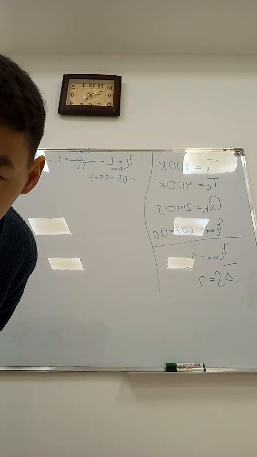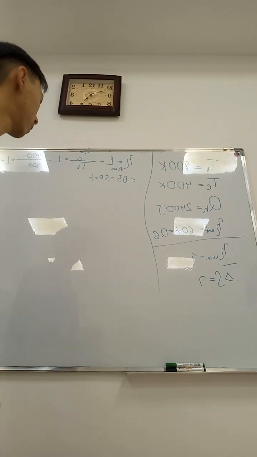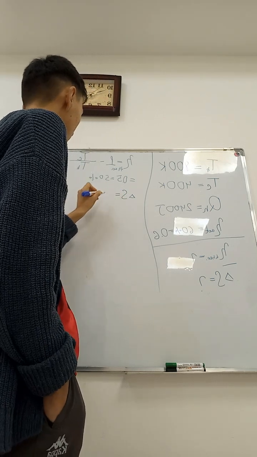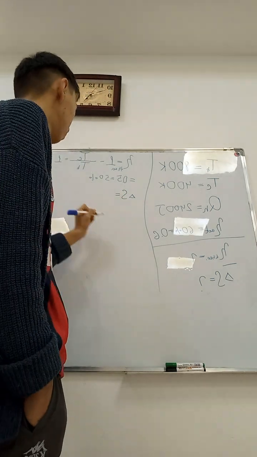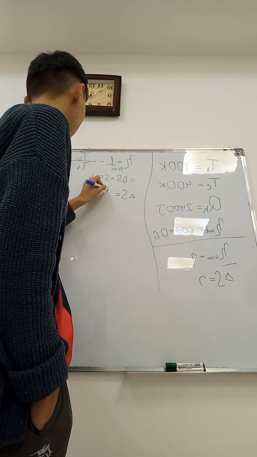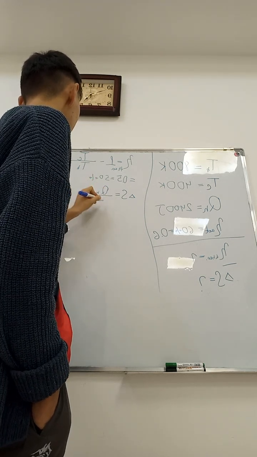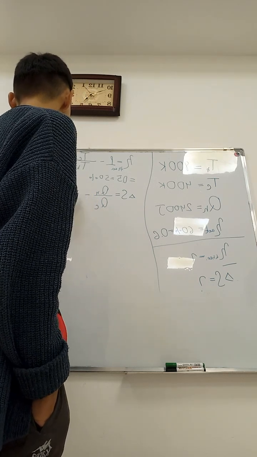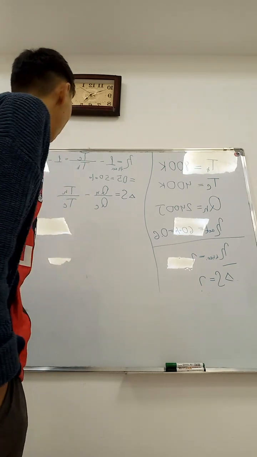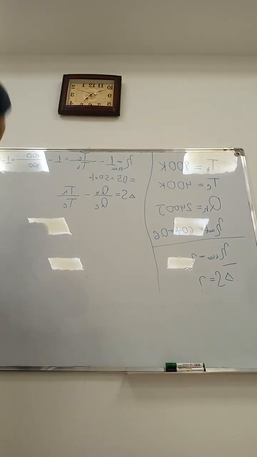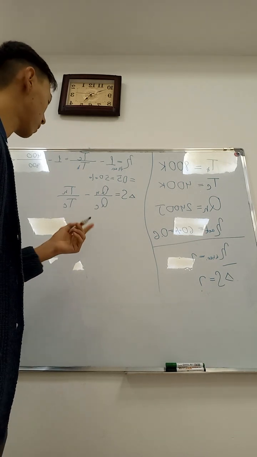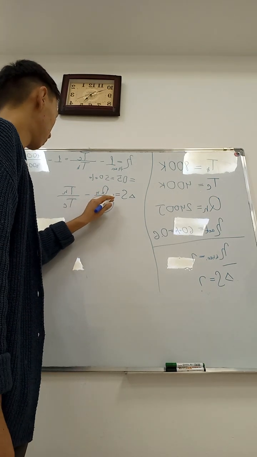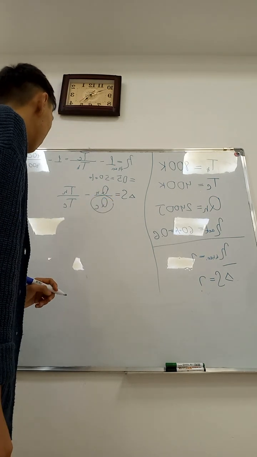And what we need to find next is the total entropy. The formula to find this is Q hot divided by T hot minus Q cold divided by T cold. First, to find the total entropy, we need to find Q cold.